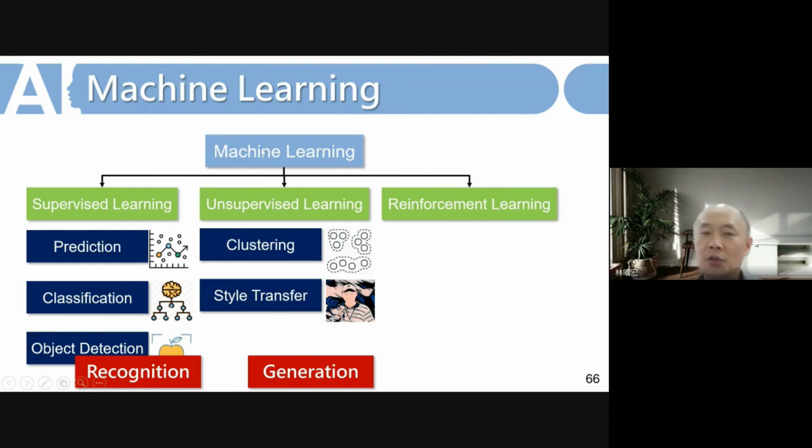The autoencoder can apply to supervised learning and also to unsupervised learning. The development of unsupervised learning is because of the autoencoder, and because of it we have many new models and papers on unsupervised learning. The third one, more difficult than unsupervised learning, is reinforcement learning.